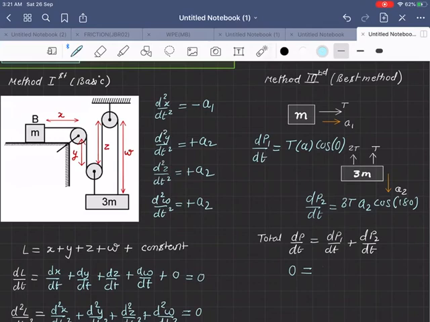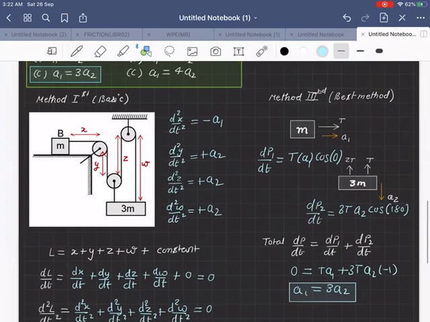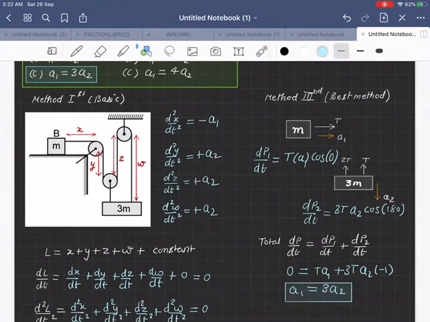So here we are getting T a1 plus 3T a2 with a minus sign because of cos 180 degrees. So again you are going to get a1 equals 3a2. So again it is solved in a much less time consuming process.